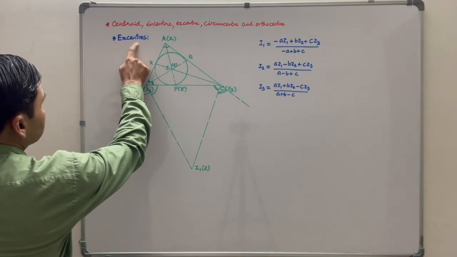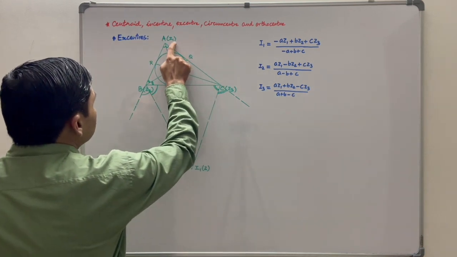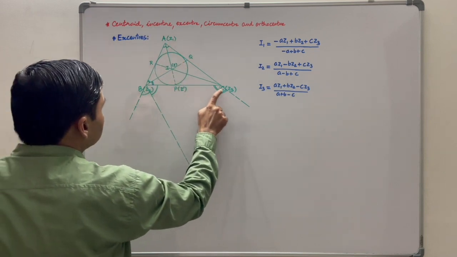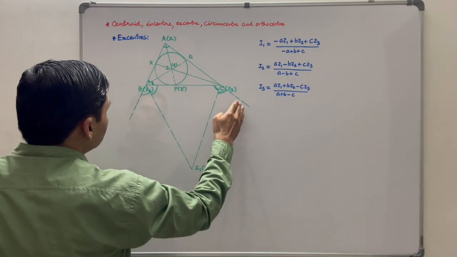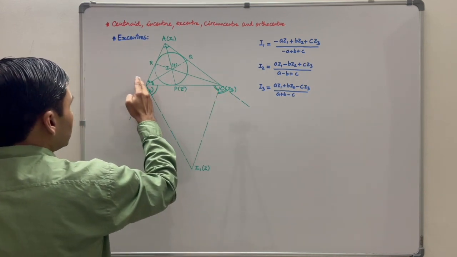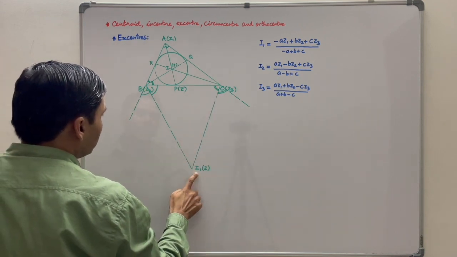Next one is excenters. Suppose ABC is a triangle whose vertices are given by complex numbers z1, z2 and z3. Extend the sides AB and AC so that external angles are formed. Draw the bisectors of these external angles so that they meet at I1.